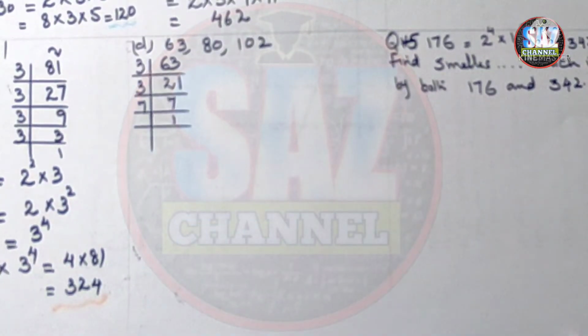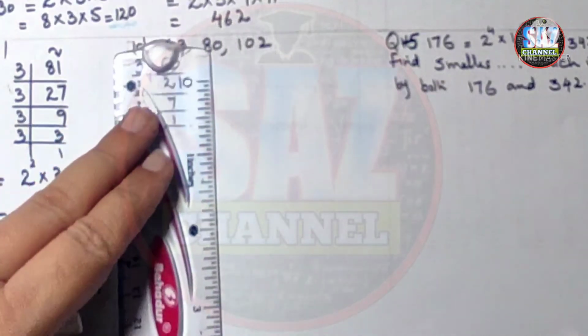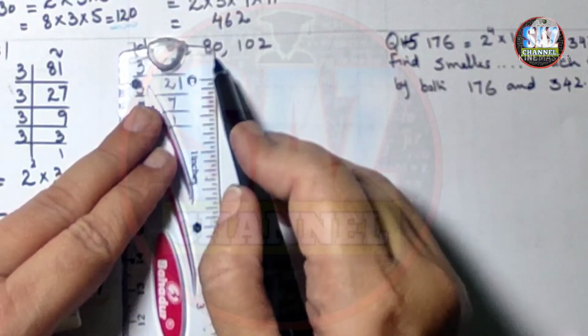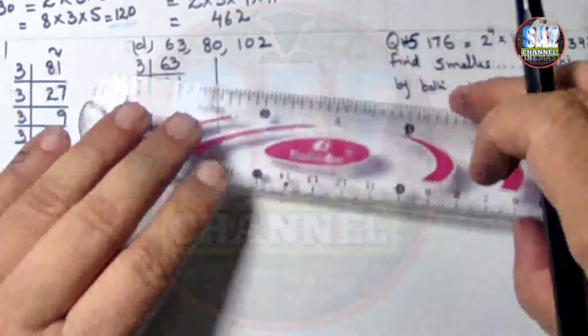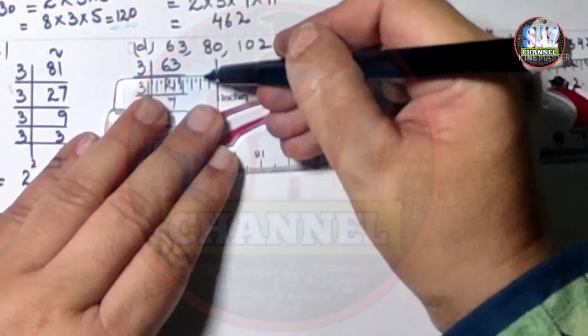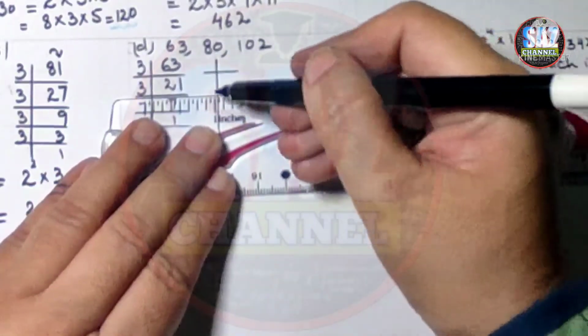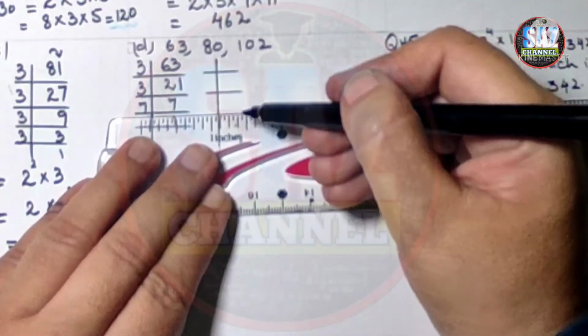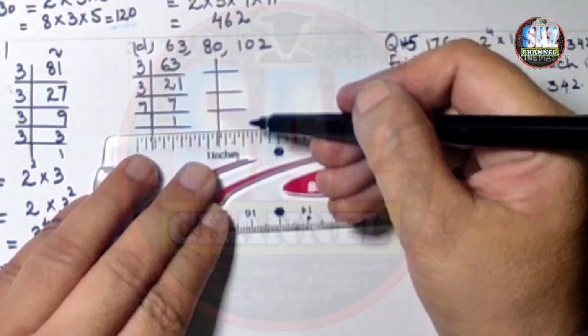Okay, then I have to go for 80. Yes, this is 80. Okay, 80 is an even number. It has the unit digit 0. So what do you think, students? Which divisibility test do we have to apply?